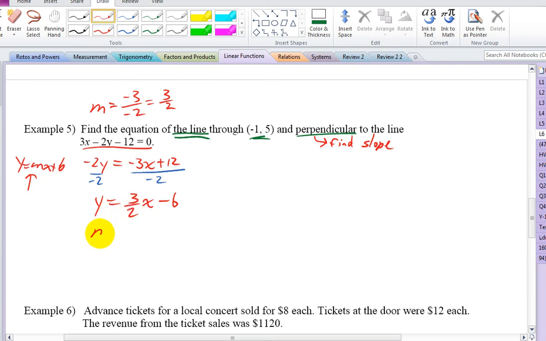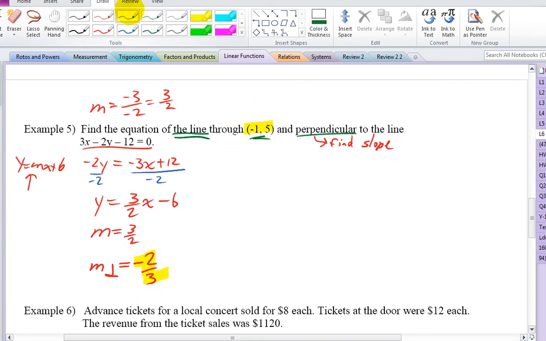So I know if this line has m equals 3/2, what's m for the perpendicular line I want to find? Taranjeet? Yep. Okay. So, use the point and the slope.